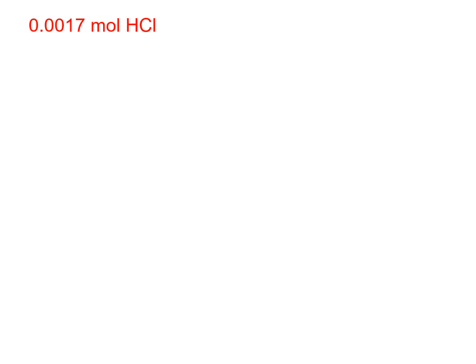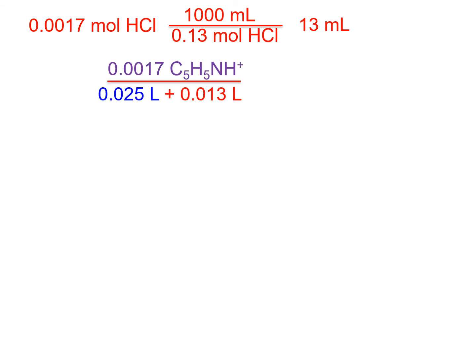In order to get to my ICE table, I need molarity, so I'll again calculate how many milliliters it took to give me the equivalent amount of moles. I can now take the moles of my conjugate acid over the liters of my original base solution, as well as the amount of acid I've added, to get my molarity.